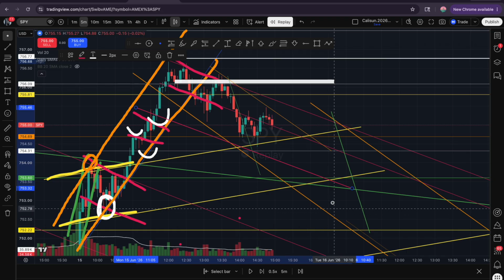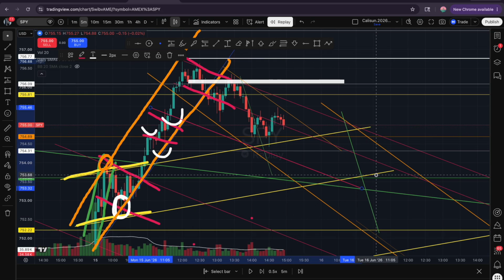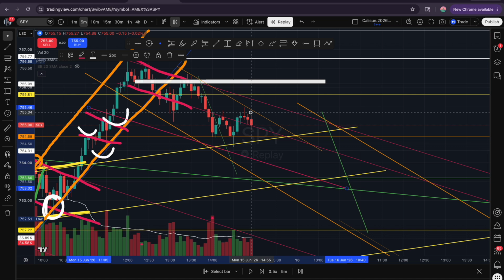So now we know that the bears are at their resistance. So what the bears are trying to do is they're trying to activate their selling channels, right? So they want to activate resistance here, some resistance right there, resistance right here, and this be the bottom of the orange selling channel.